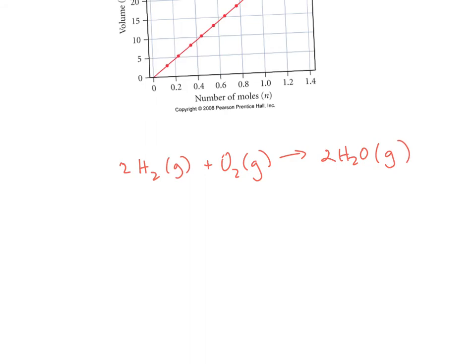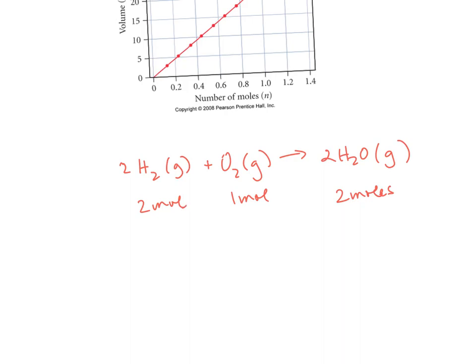And they knew at the time that stoichiometrically hydrogen and oxygen combine in a 2-to-1 ratio to form 2 moles of water. So in other words, 2 moles, 1 mole forms 2 moles.